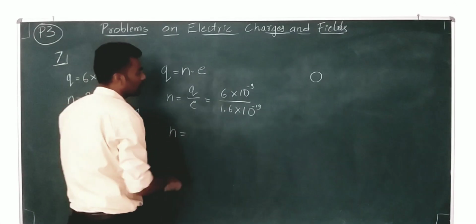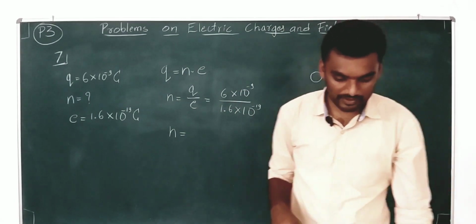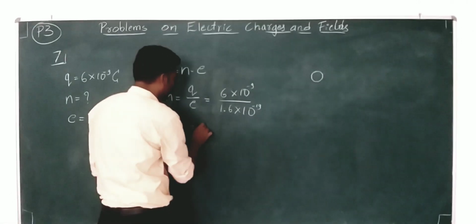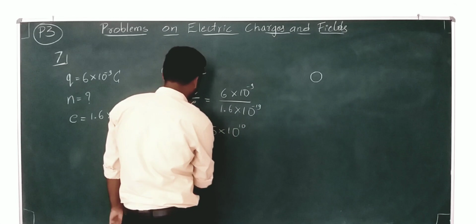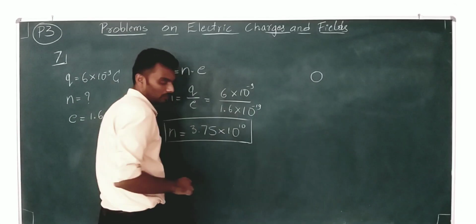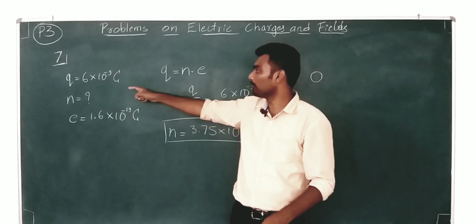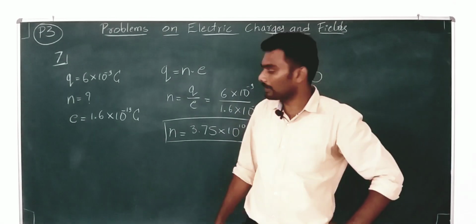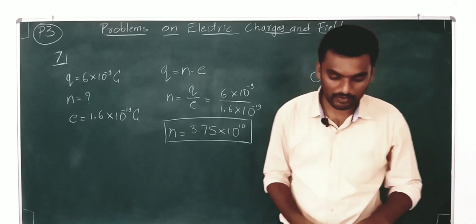Simplify this and you will have the number of electrons equal to 3.75 into 10 to the power of 10. So these many electrons have to be removed from the metal sphere so that it charges to the value of 6 into 10 to the power of minus 9 coulomb. And this is the answer for the first part of the question.